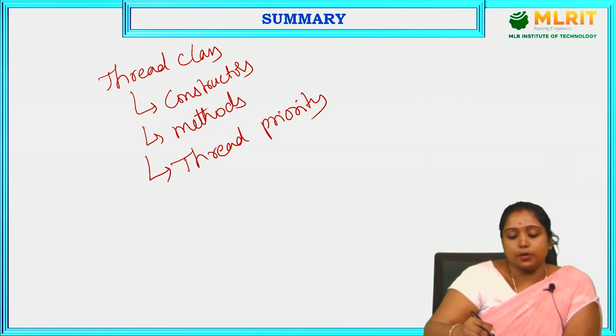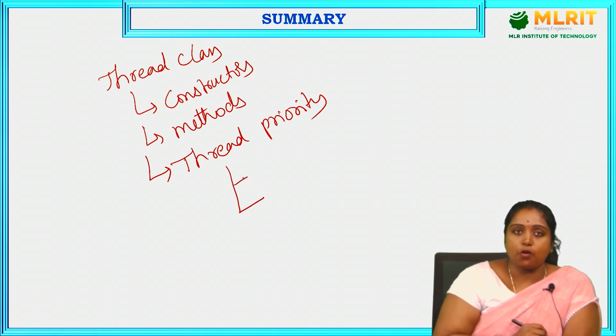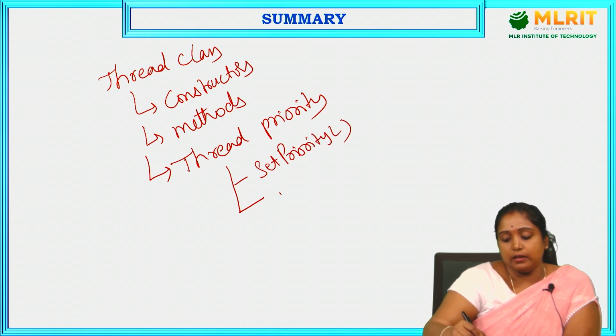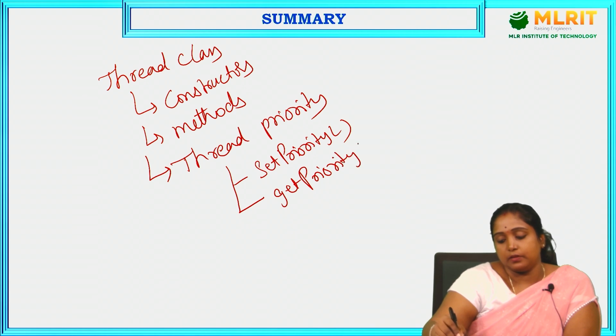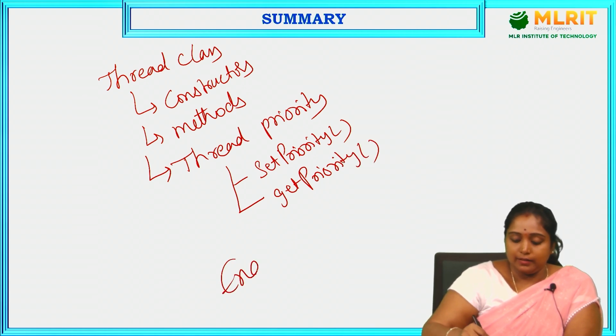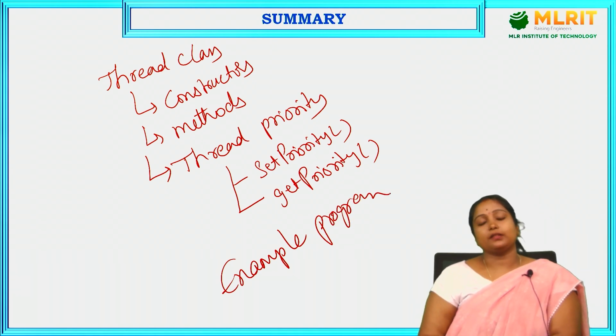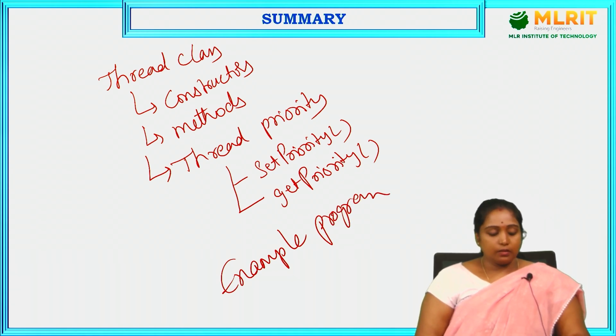What is thread priority? It will give you the priority of a particular thread. We have seen the setPriority method and getPriority method, and we have seen the example program for thread priorities and thread class methods. So thank you all.